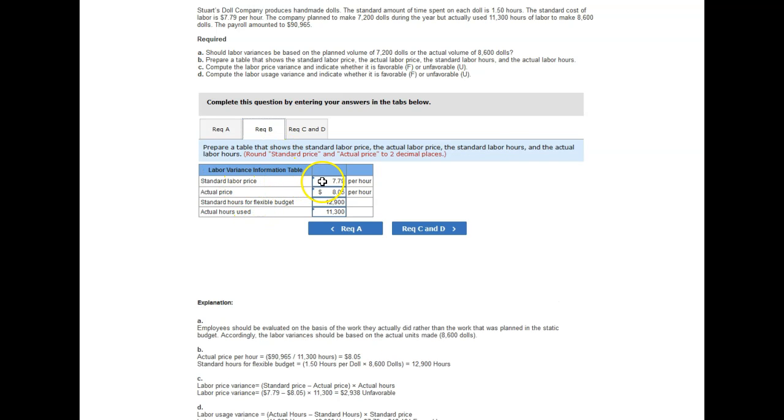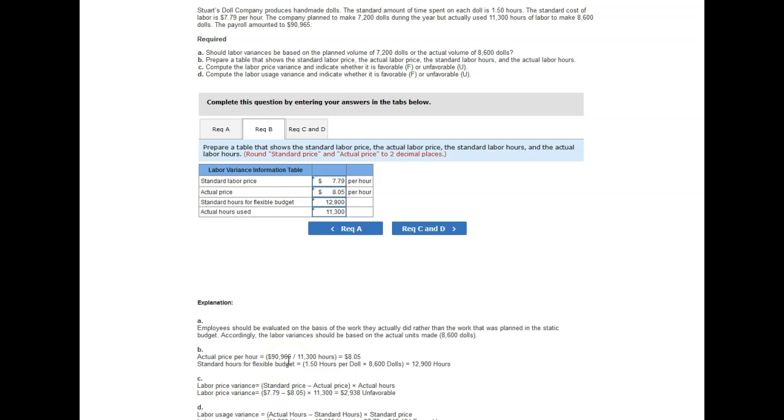The standard price, well, this is given to us right here. Just drop it in. Actual price. So how much did they actually pay per hour? We know they thought they were going to pay $7.79 per hour. What was the actual price? In other words, how did they get this $8.05 per hour? Well, you can see it down here.